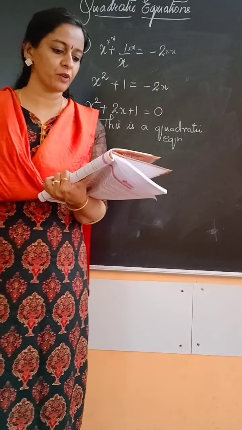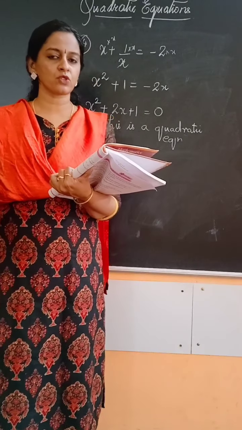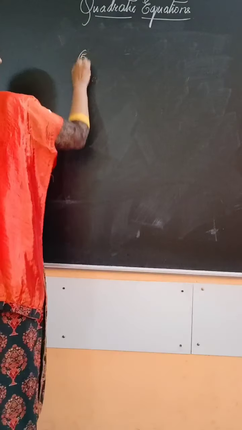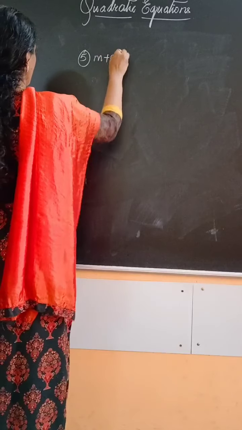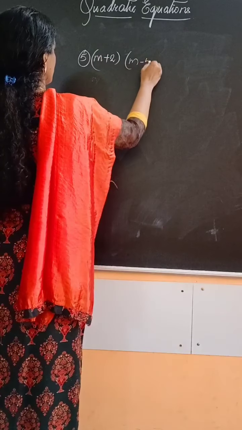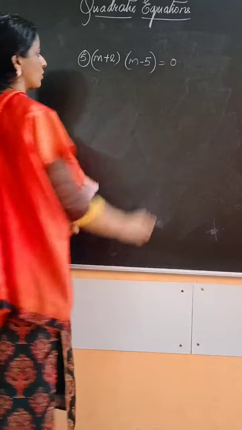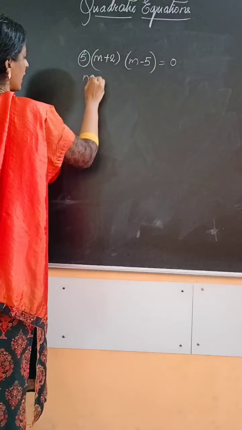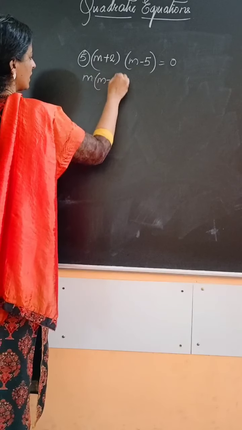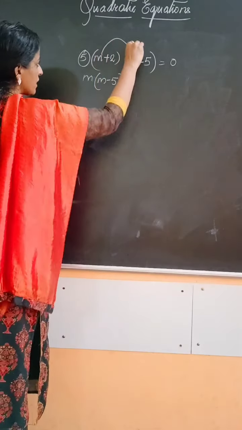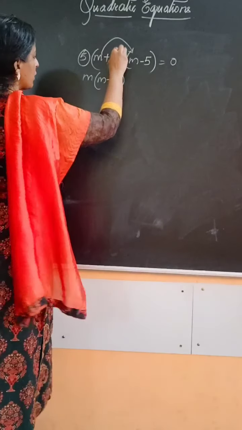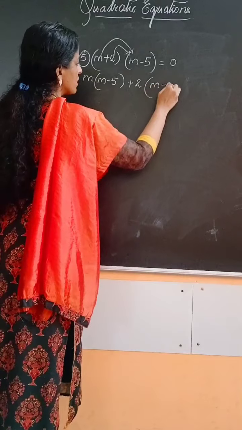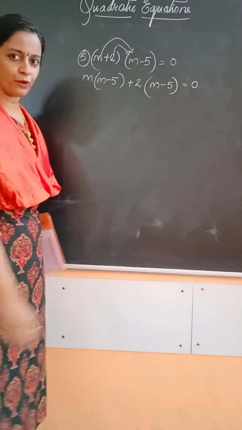Coming to the fifth question: m plus 2, m minus 2, minus 5 equal to 0. We have to check whether it is a quadratic equation. Let us multiply. First you multiply m by m minus 5, then multiply 2 by m minus 5. So m into m minus 5, plus 2 multiplied by m minus 5, equal to 0.